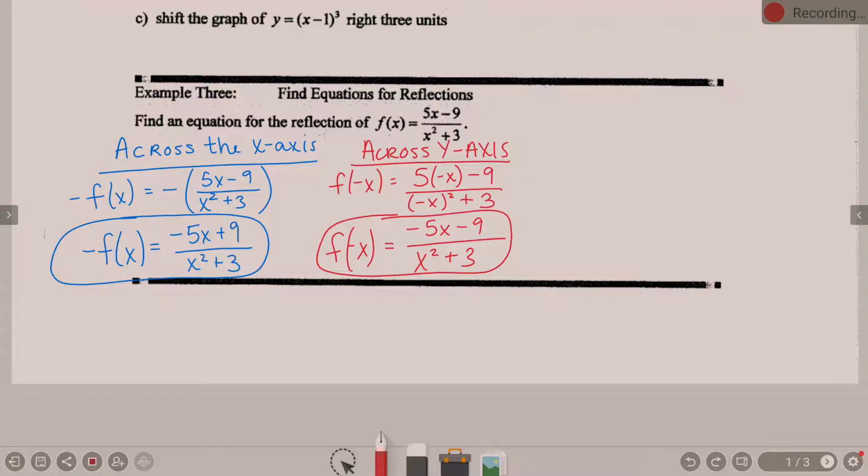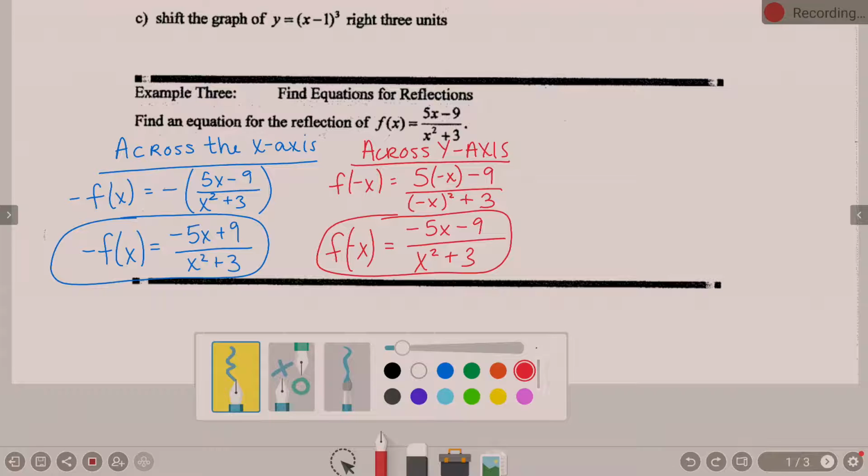Yeah, if you're putting a negative x into a term, it's just going to change the sign on the term. So if it was 5x, it now just becomes negative 5x. The difference here is that the minus 9 stays because there was no x. The plus 3 stays because there's no x. This one, it was a negative x, but then you're squaring it, so it stays. I see why I said the stretches and shrinks because I'm just reading across it. I'm going to put a line.